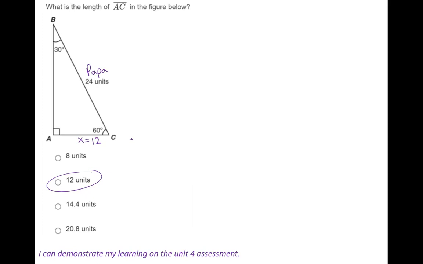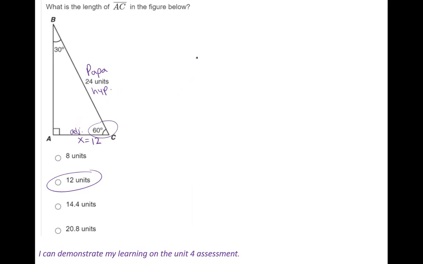Now, if you didn't know that, for example, I'm going to pick my 60 degrees as my angle here and set up a trig function. From 60 degrees, the X side is the adjacent. The Papa Bear, we already said, is the hypotenuse.